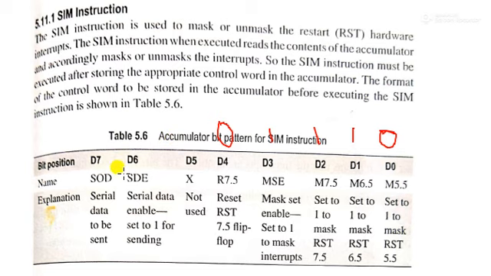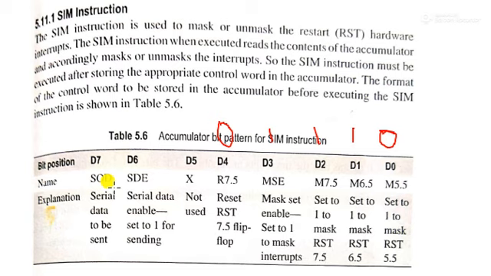Now come to the D7 and D6 bit. D7 bit is used for SOD. At the time of the pin diagram of 8085, we told you that there is a pin SID, serial input data, and SOD, serial output data.